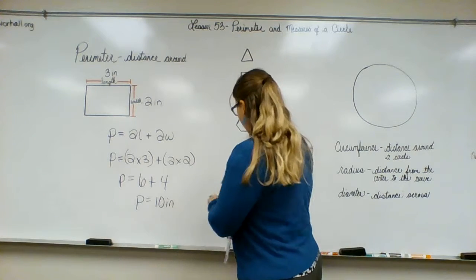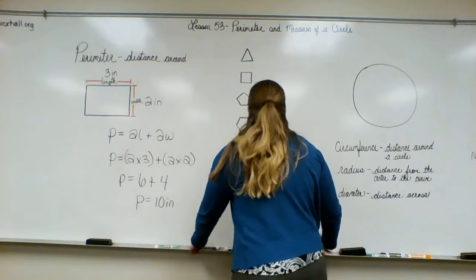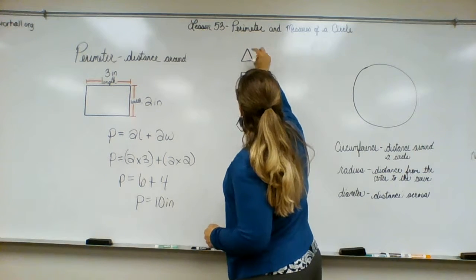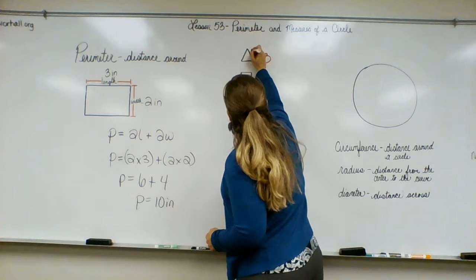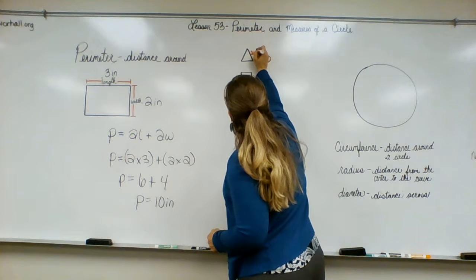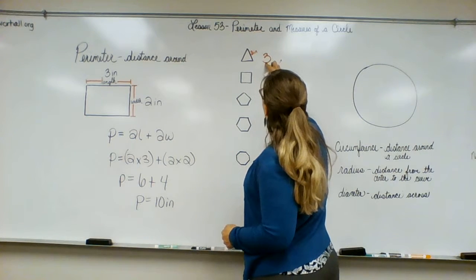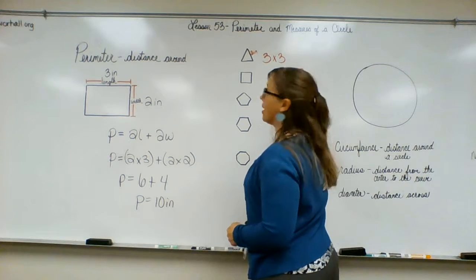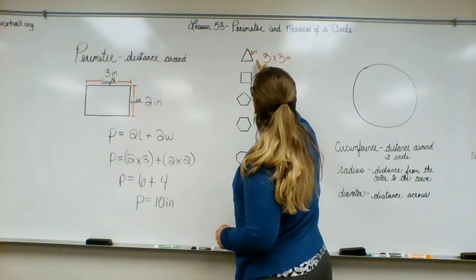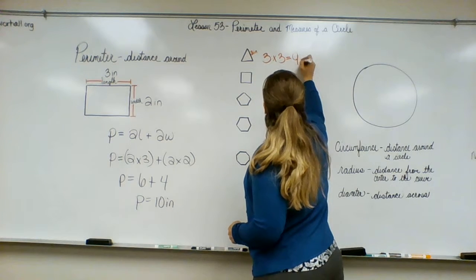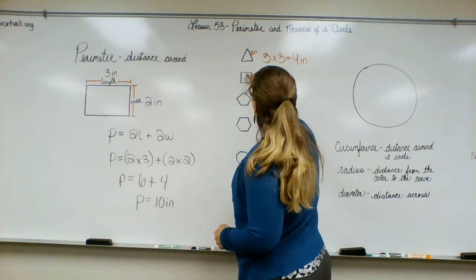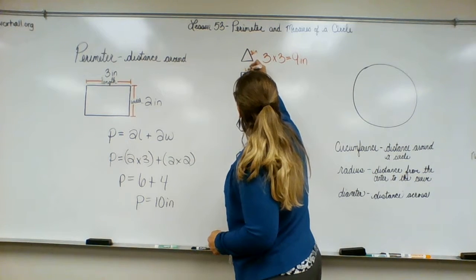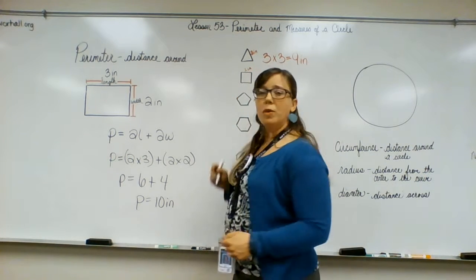So the triangle here, we know the triangle has 3 sides. And let's say that each side is 3 inches. So I can take 3 sides times 3 inches on each side, and the perimeter of my regular triangle is going to be 9 inches. Here with our regular quadrilateral, if each side is 2 inches, all we need to know is one of the sides.